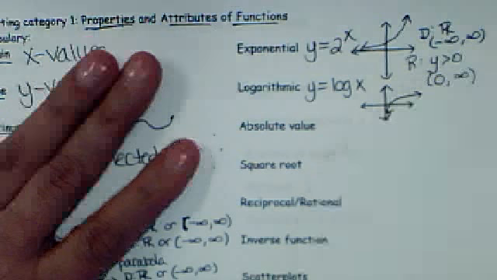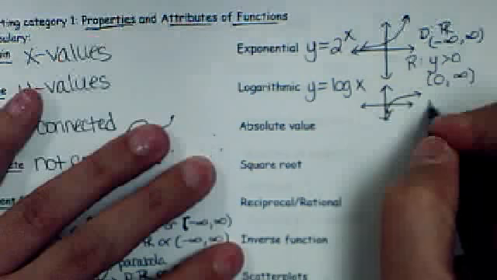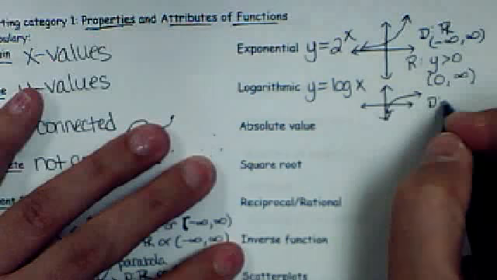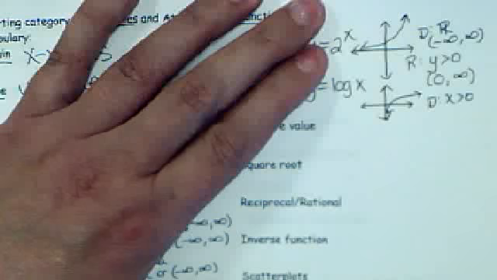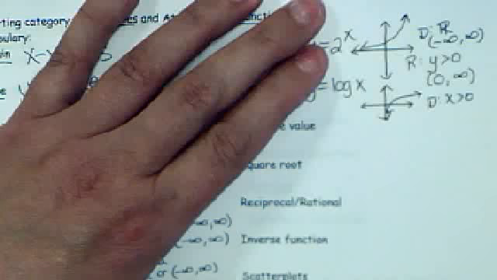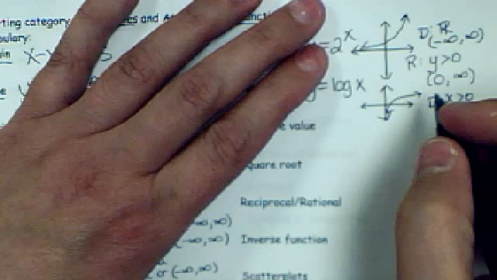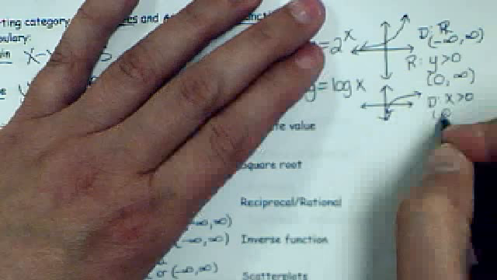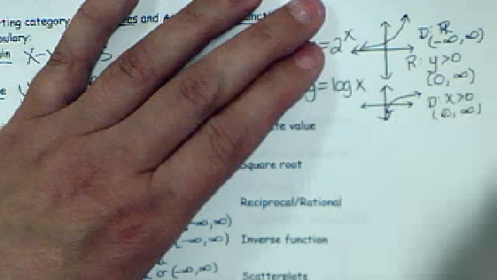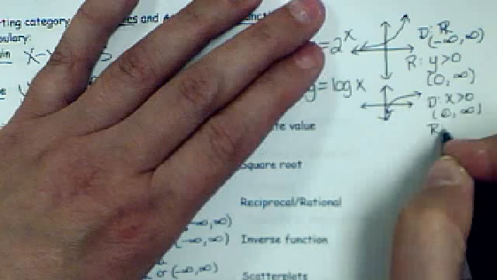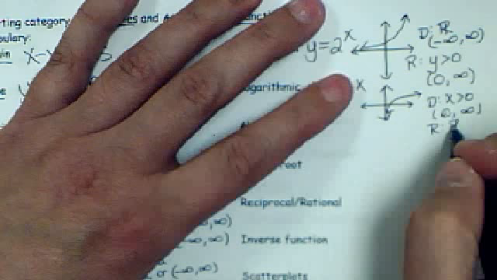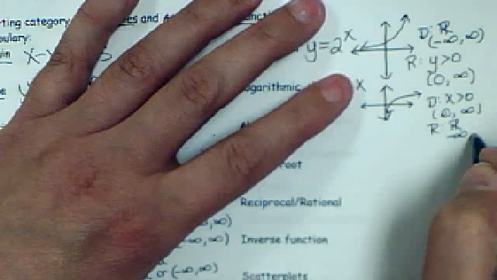That's the log parent function. The domain of it is x is greater than 0, because it doesn't actually touch 0, so it's x is greater than 0. As an interval, it's 0 to positive infinity. The range is all real numbers, which is negative infinity to positive infinity.